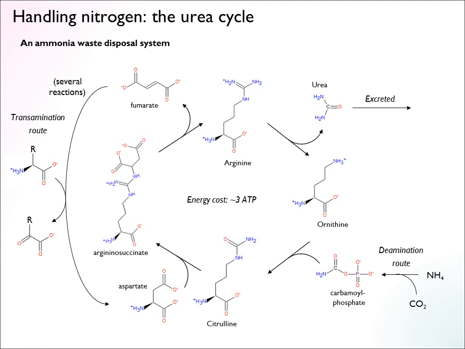And this is part of the reason why it's not as efficient to burn amino acids to get energy as it is to burn glucose or fat, because there's an energetic cost to handling the toxic ammonia. And so that makes it not as great a substrate. But with this system, the body is still able to burn amino acids and handle the ammonium in a safe way.